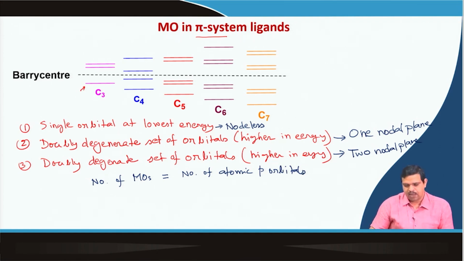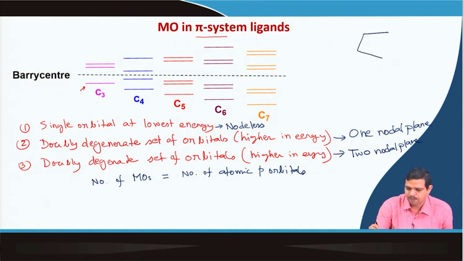system of the ligand. As an example, for C5 you have one single orbital at the lowest energy, then one set of doubly degenerate, and another set of doubly degenerate. In total you see 1, 2, 3, 4, 5, because there are 5 p orbitals.